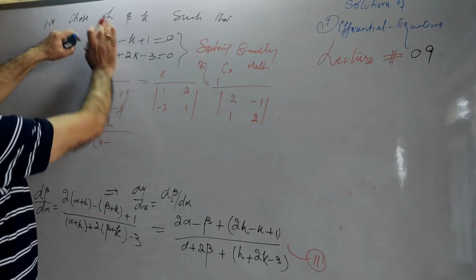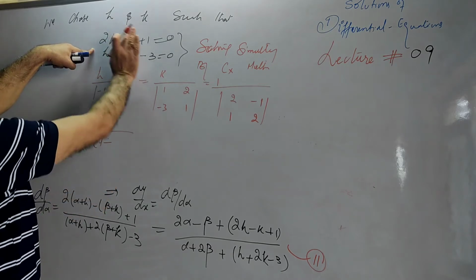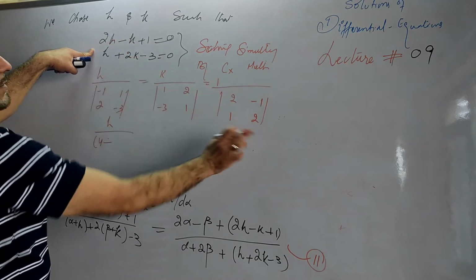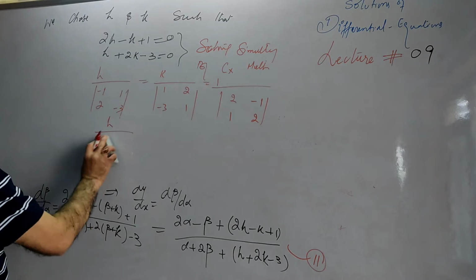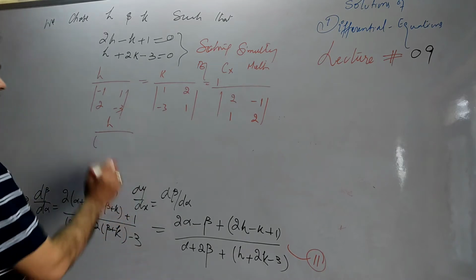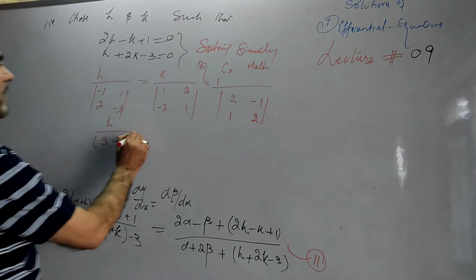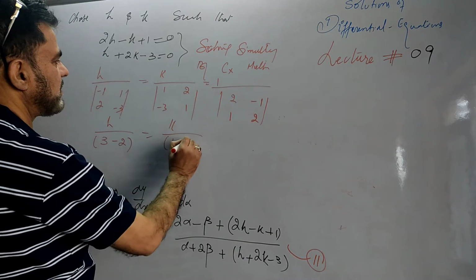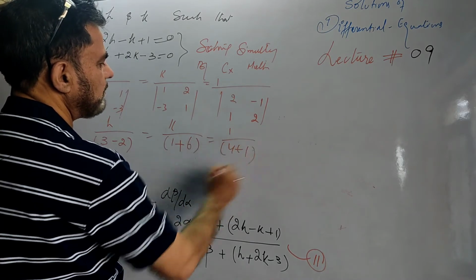Deleting this, minus 1 2, 1 minus 3, then delete this 1 minus 3, 2 1, then delete this 2 1, the rest is okay. This is your 3 minus 2 is equal to k by 1 plus 6, 1 by 4 plus 1.